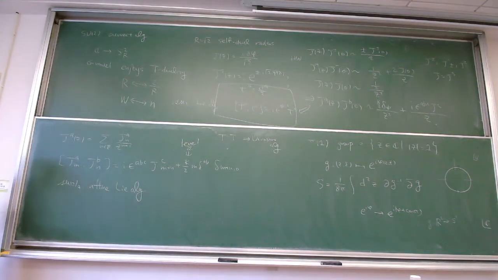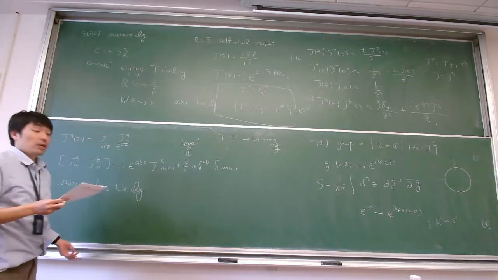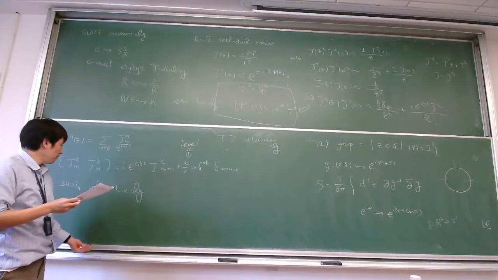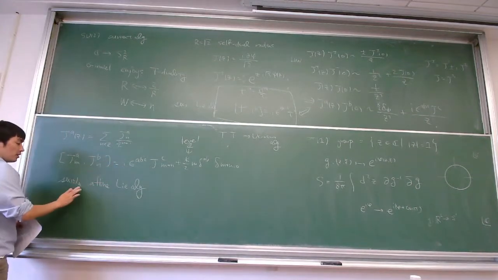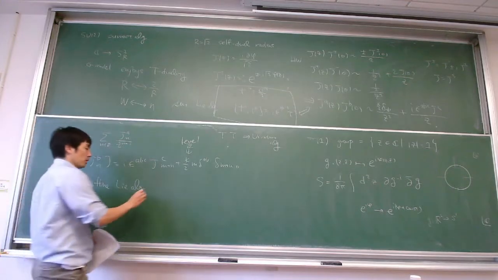If you take my differential geometry course, I already explained the meaning of k in terms of Chern-Simons theory, and the relation between Chern-Simons and the Wess-Zumino-Witten model. You already showed that k has to be an integer. So if you change to k, you have SU2 at level k.